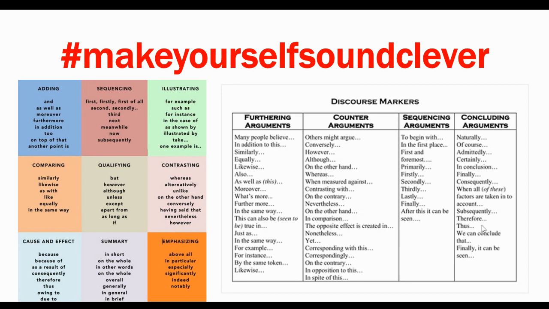Don't forget your discourse markers, your connectives, your conjunctives that you are able to use to make your work flow, to make your paragraphs flow. And again, this will be re-emphasized to you when you join us in September. I cannot stress how important these discourse markers are in terms of making your work sound really academic.